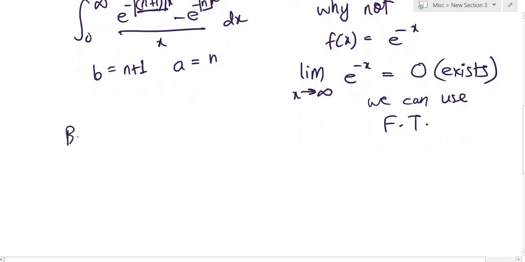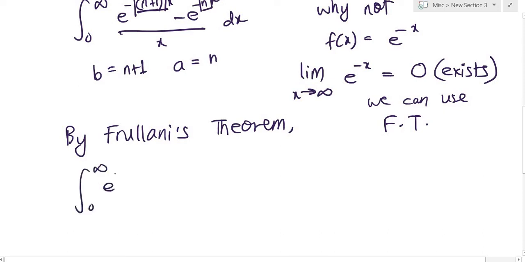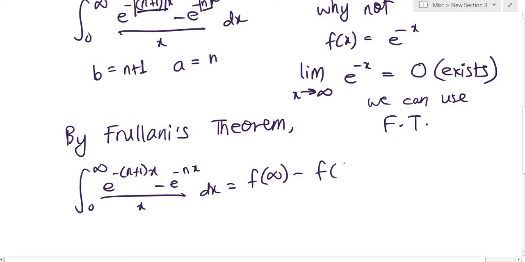So by Frullani's theorem, this integral from 0 to infinity of e raised to minus n plus 1 times x, minus e raised to negative n x, divided by x dx, is nothing but f of infinity minus f of 0, multiplied with the natural log of b by a.